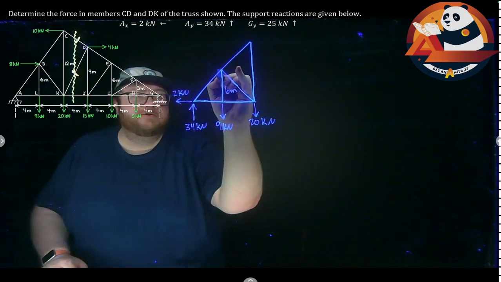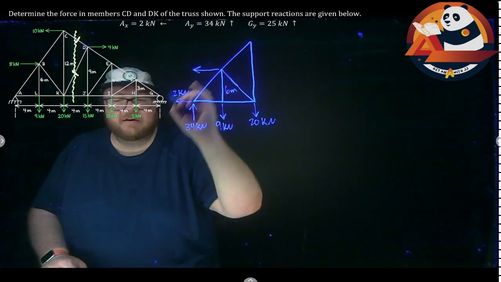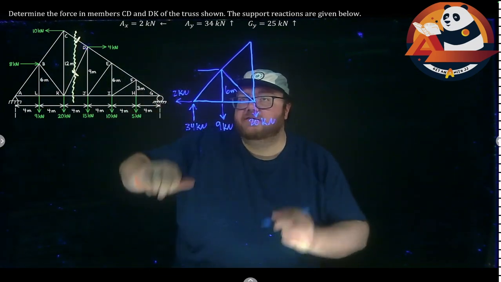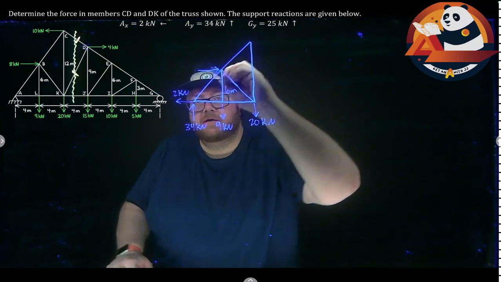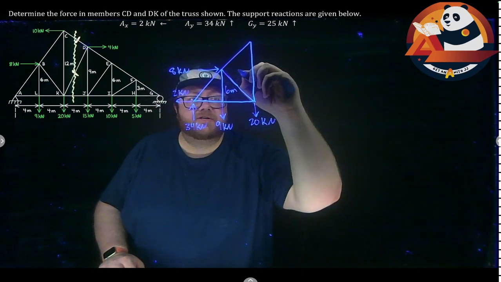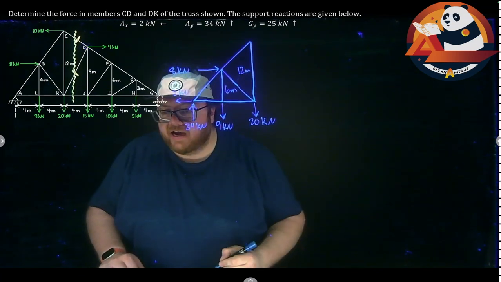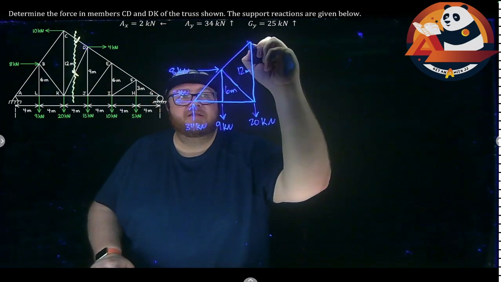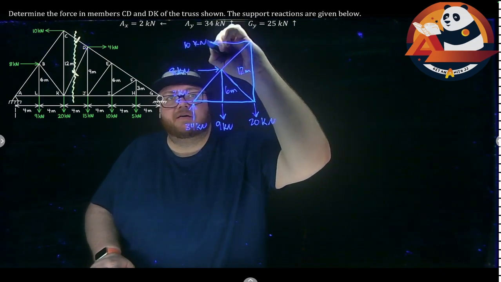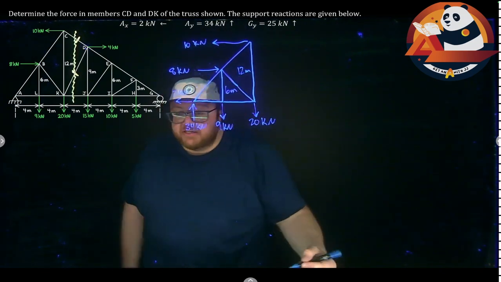There's a force right here going to the right of 8 kilonewtons. And at the very top, which is 12 meters tall, I get to a 10 kilonewton force, this time actually going to the left.